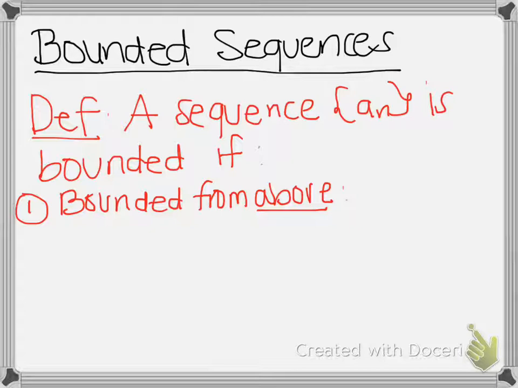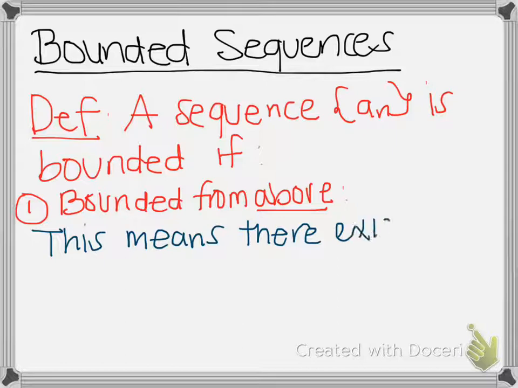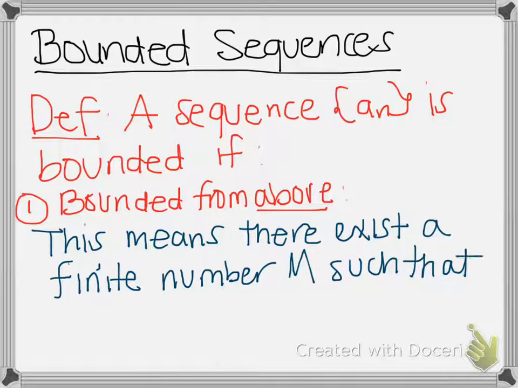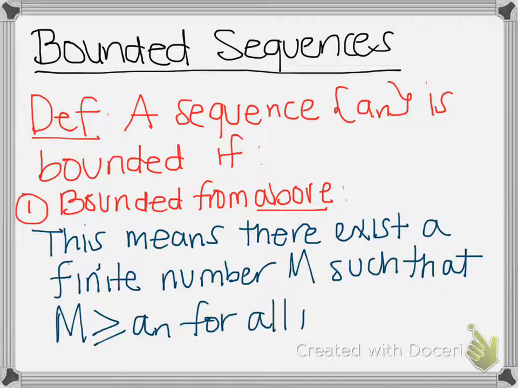Okay. And this means there exists a finite number, let's call that number m, such that m is greater than or equal to any a sub n term for all n.